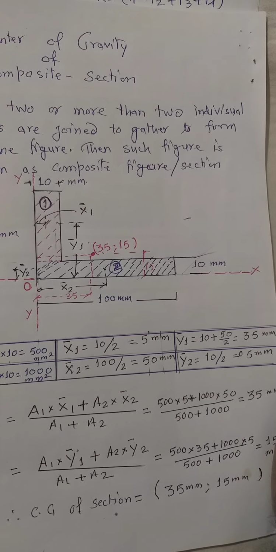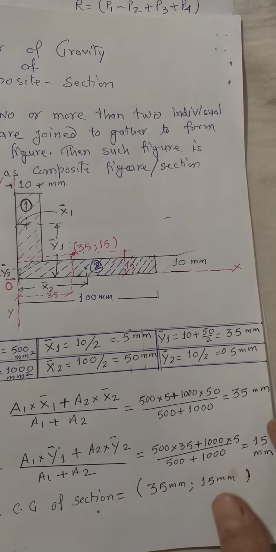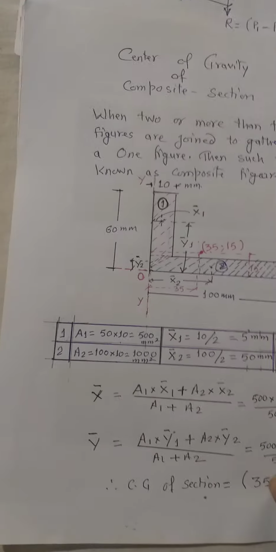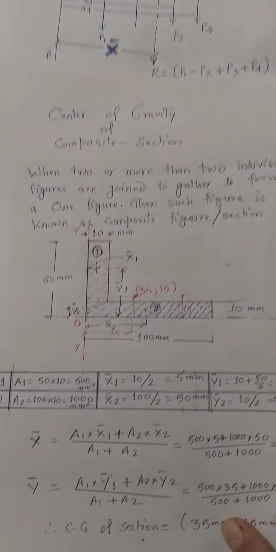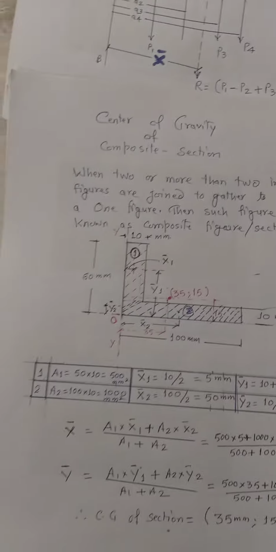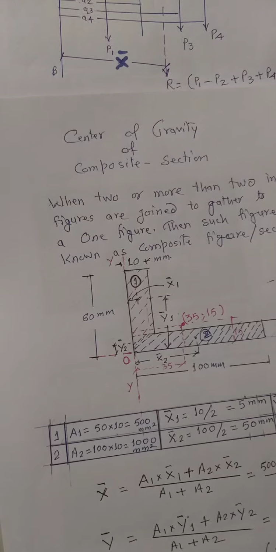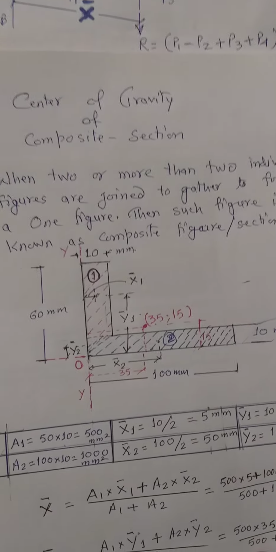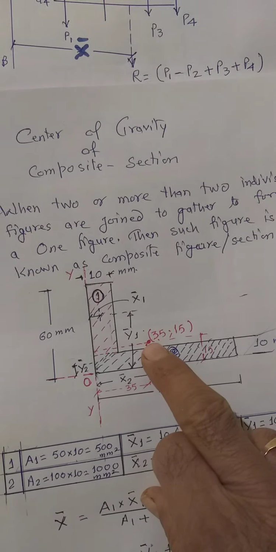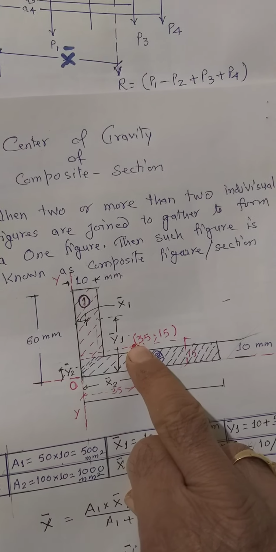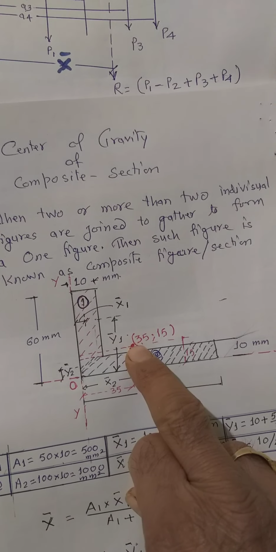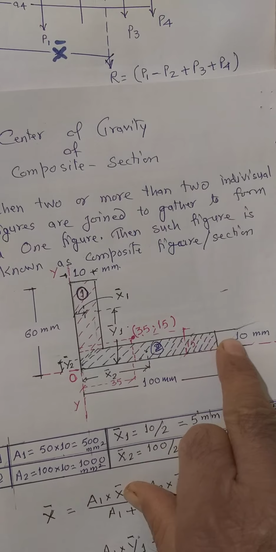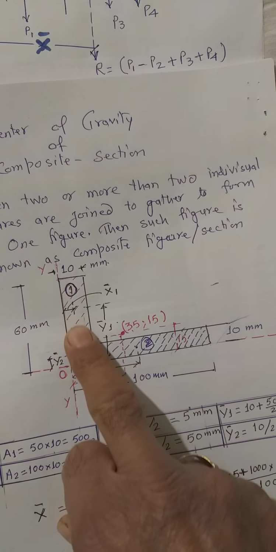So now we can say that our definition that we have just seen, that it is the point where the whole load or whole area is supposed to act, is found to be true because this CG doesn't lie either in this section nor in this section.